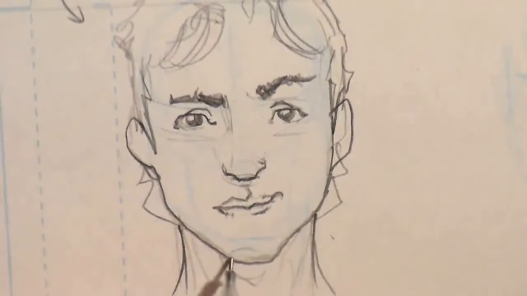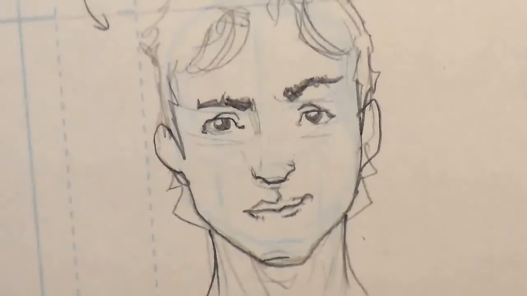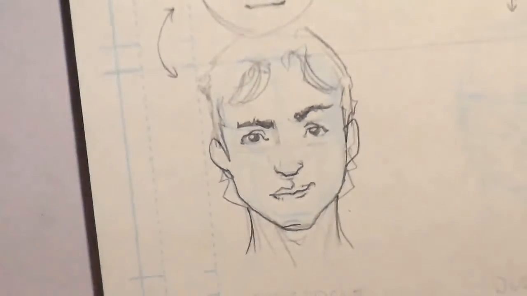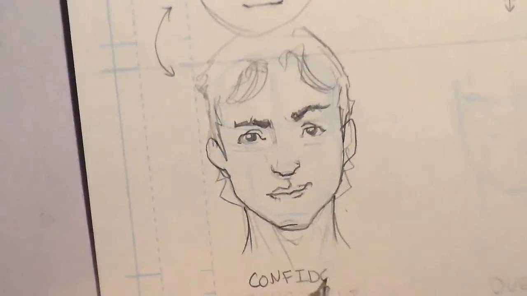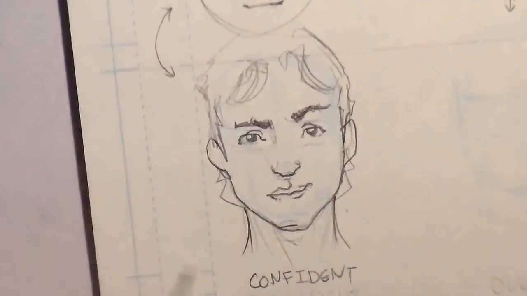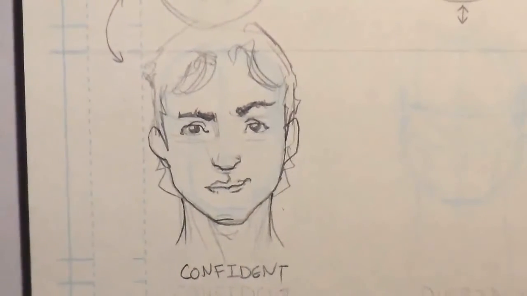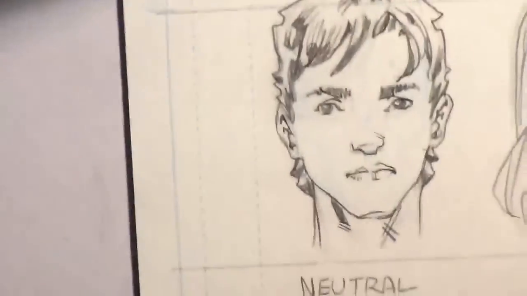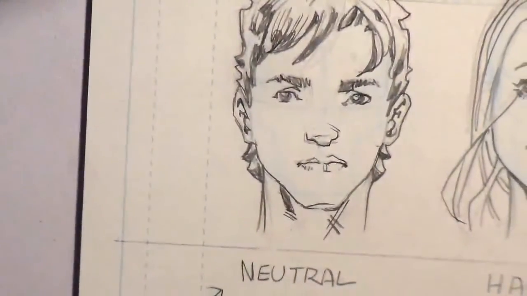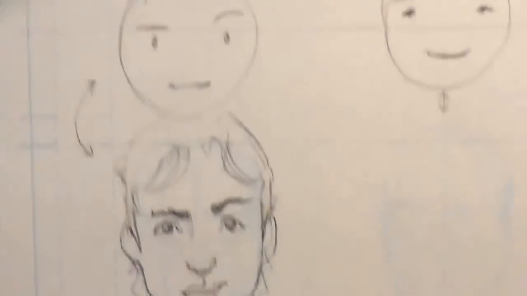More confident expression because we combined the neutral with the happy. Happy and neutral together, then become confident. So look at this again. The neutral face, it's the same guy.